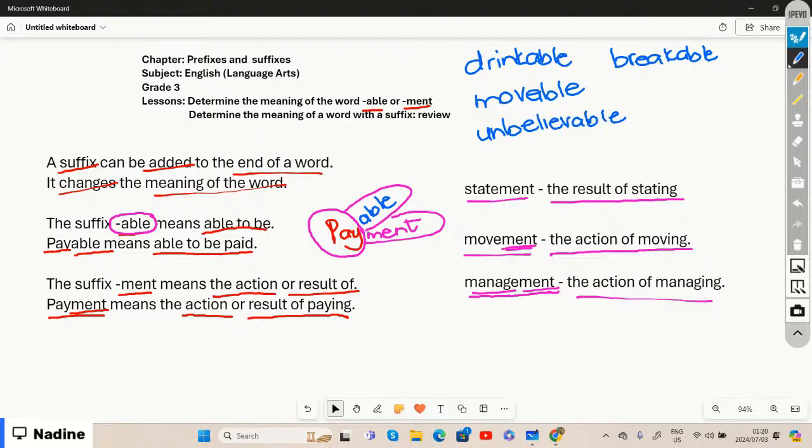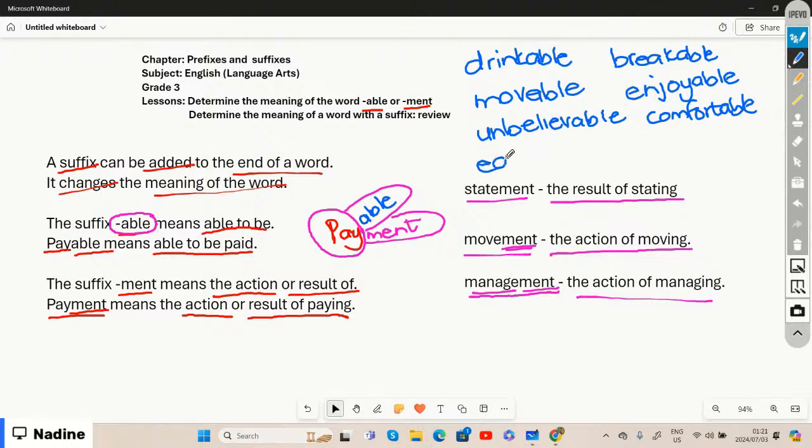It is something that you're able to believe or something that you're not able to believe. Then we have enjoyable. We also have comfortable. More words with the suffix able.